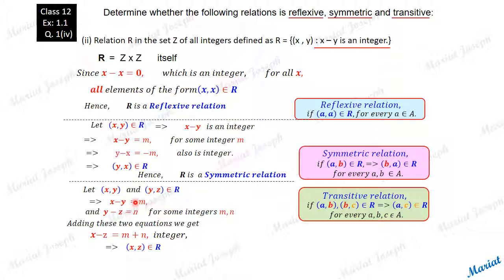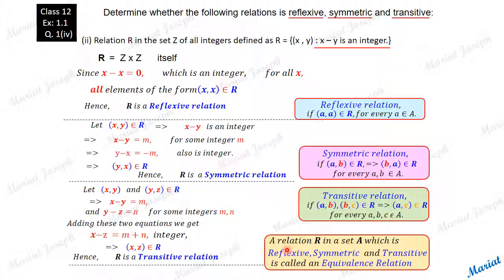Whenever (x, y) and (y, z) belong to the relation, the element (x, z) will also belong to the relation. Hence, this relation satisfies the definition of transitivity. So, this relation is a transitive relation.